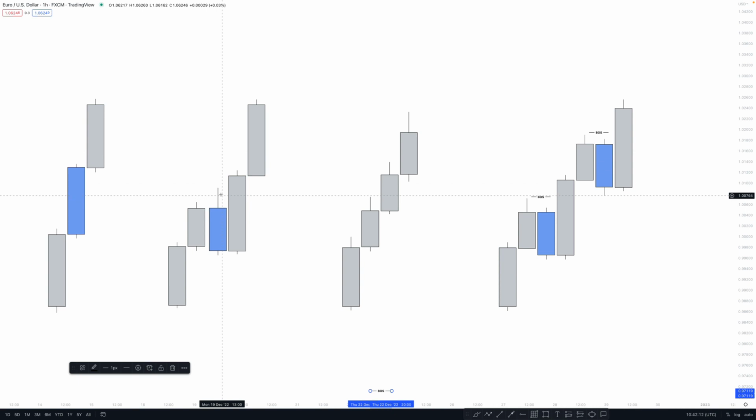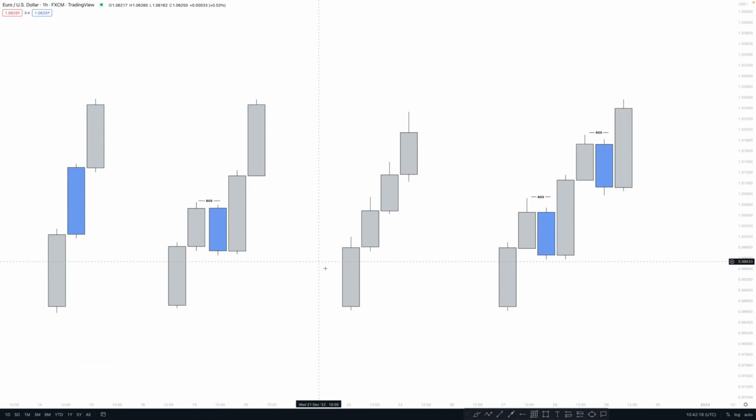There is a lot of misunderstanding about this concept, and people are making huge mistakes. Why? Because if this is an uptrend and this candle's high broke the previous candle's high, this would be considered an uptrend. And what are people doing wrong?